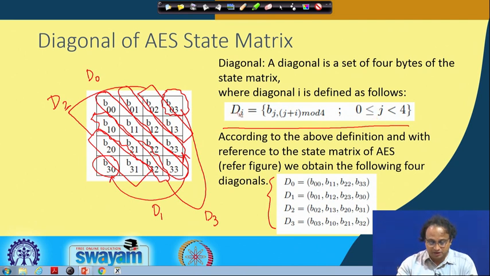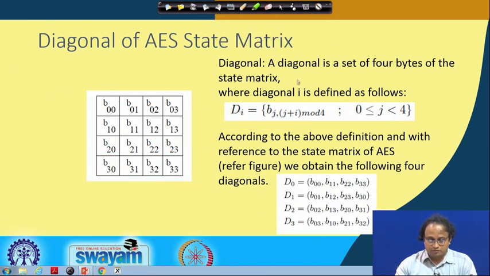You can easily see that if I plug in i equal to 0, then I am considering the byte B0,0. If I plug in j equal to 1, I am considering B1,1, and likewise B2,2 and B3,3. Likewise, I can define D1, D2 and D3. So, this is the general and compact form of representing the diagonal.